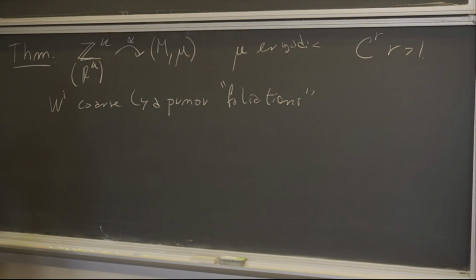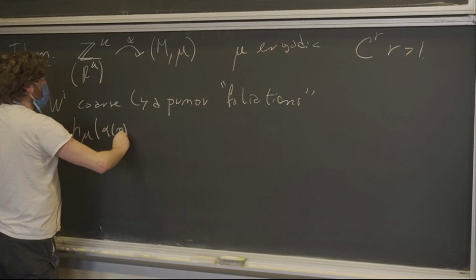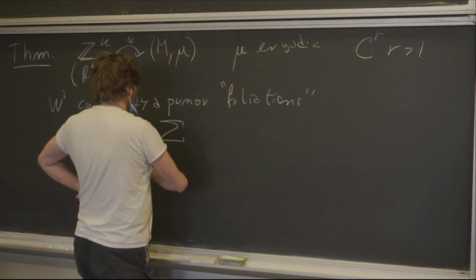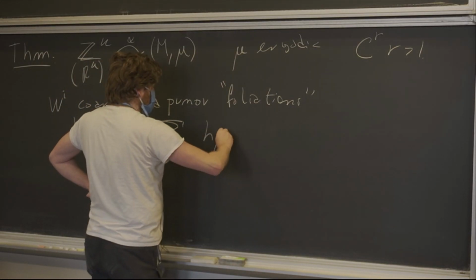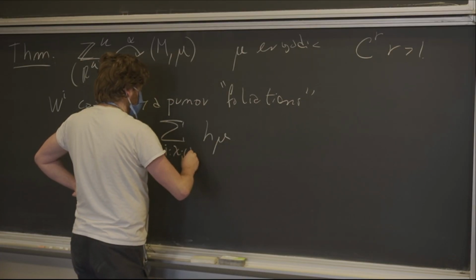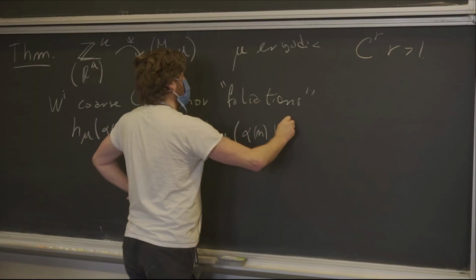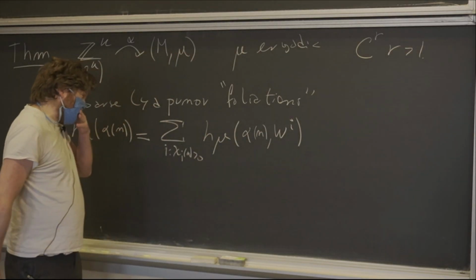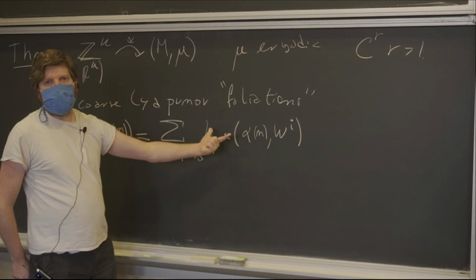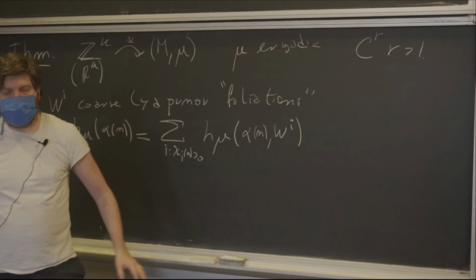And then we got the formula saying that h_mu(alpha(n)) is the sum over all i's such that chi_i(n) is positive of... which you can forget about this if you define this quantity as being 0 whenever this direction is contracting or has 0 exponents.